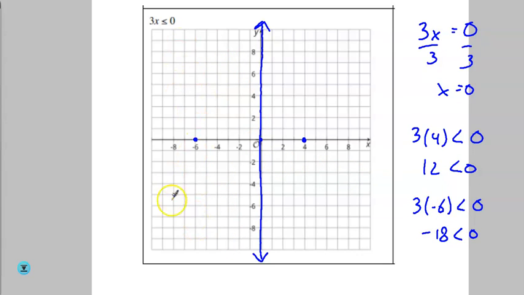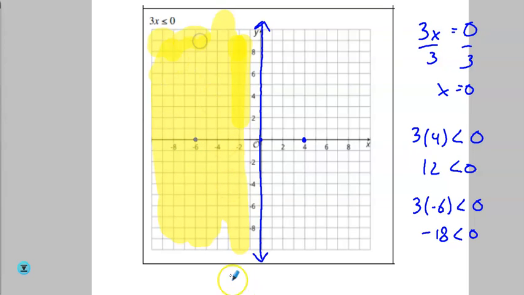Yes, that's the right side. That's the correct side. So make sure you shade everything on this side of the line and on the line, which would be part of that solution. And again, if you're not ready to change, just pause.